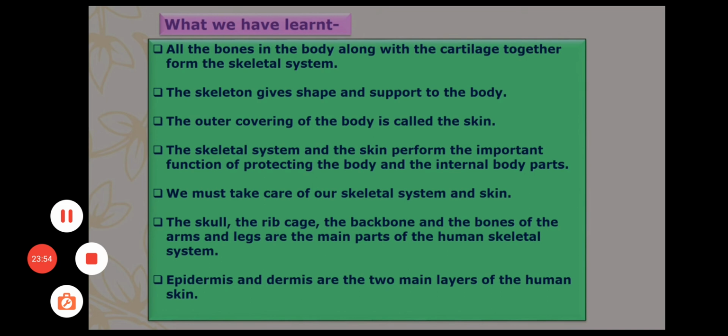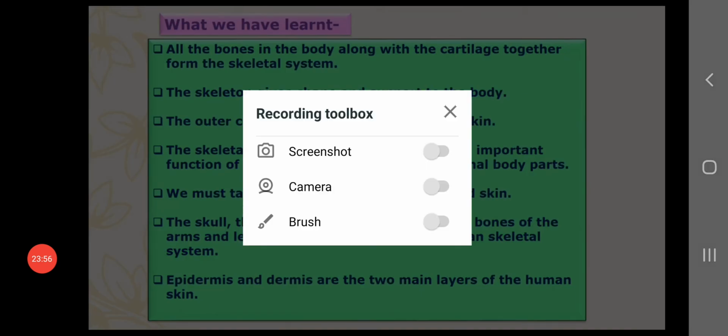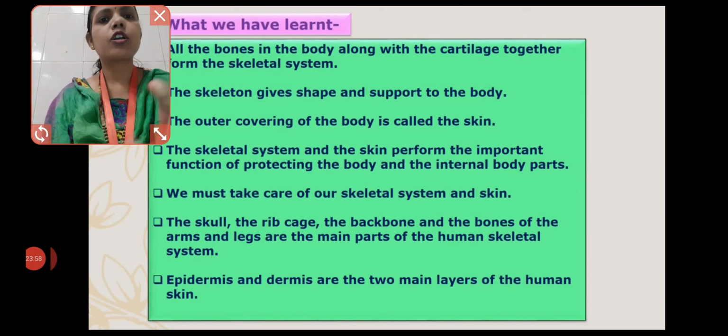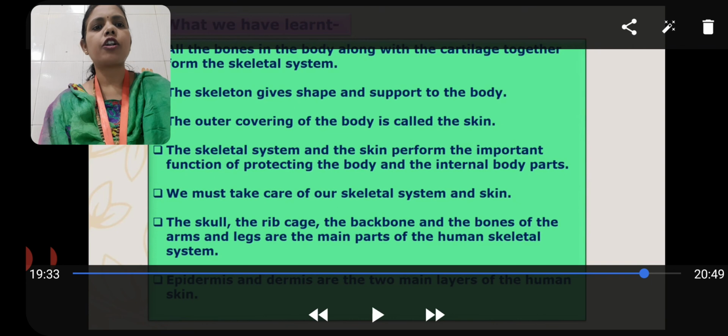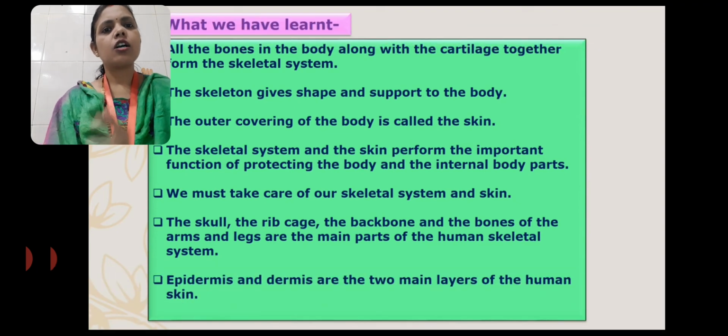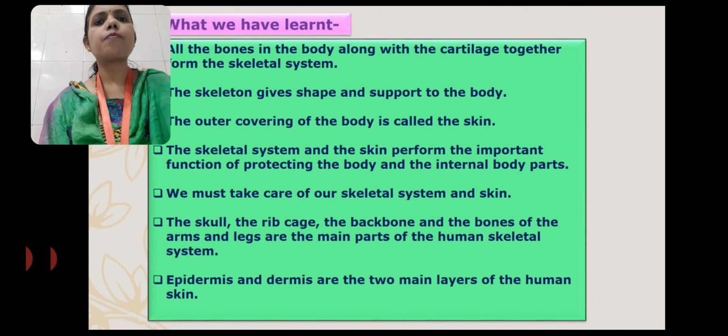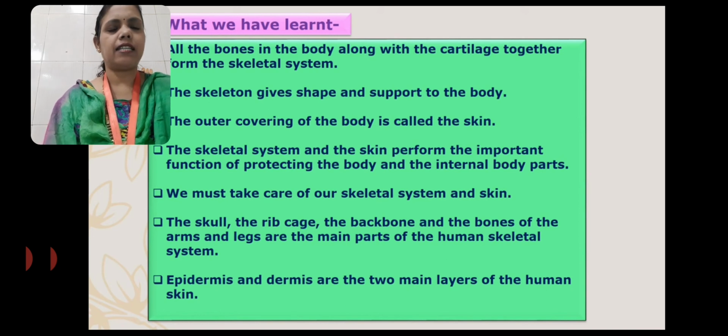Next, the skeleton gives shape and support to the body, so our body functions properly. Next point is, the outer covering of the body is called the skin.